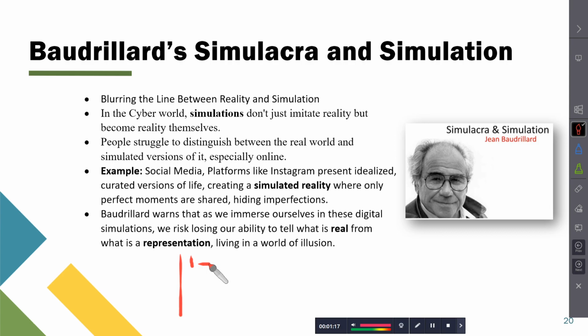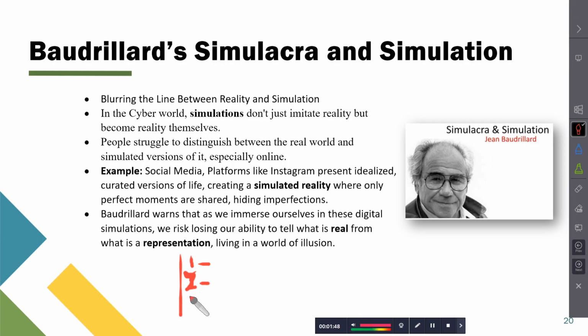Number 1, it is a reflection of basic reality. Number 2, it masks and perverts basic reality.